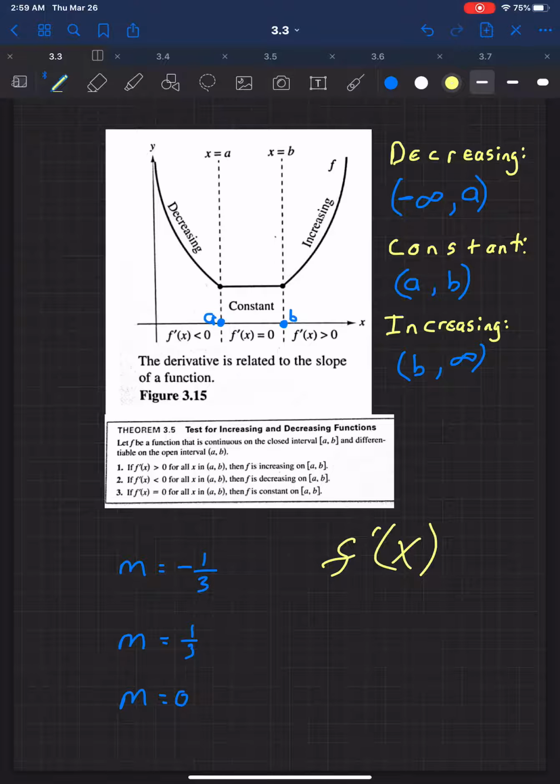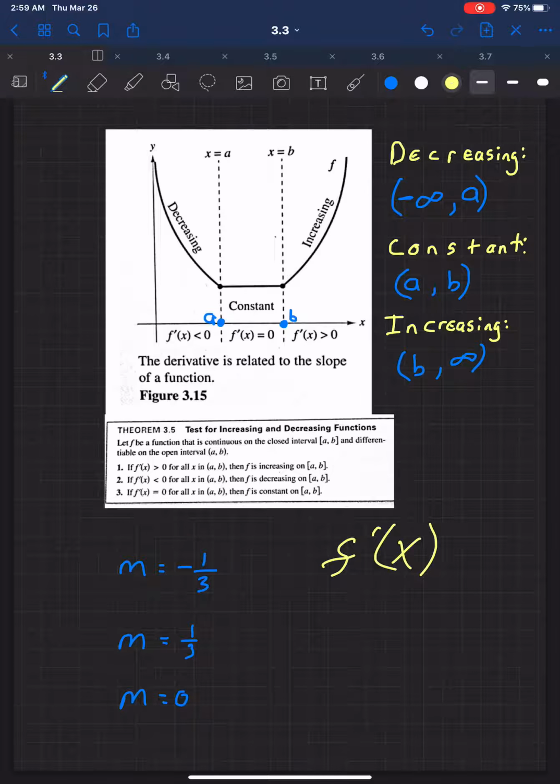But what does this derivative machine give us? Well, if you give it an x value, that's your input, it will give you back out a slope. So, as I said, the derivative itself contains all the information that you're going to need to be able to make statements about increasing or decreasing.